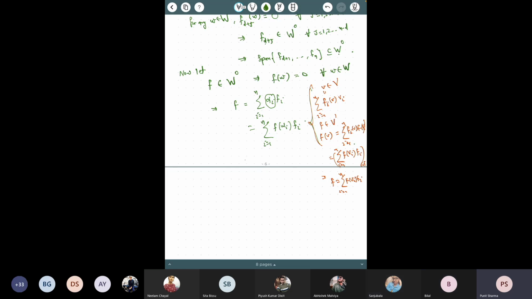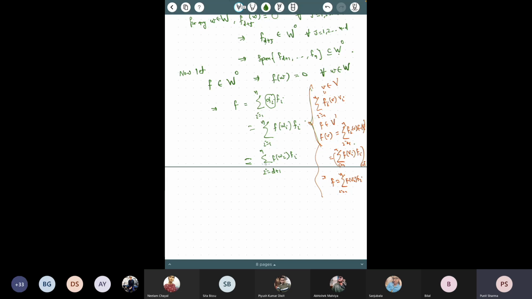Now from here, what can you say? From this step, f belongs to the span of f_{d+1} to f_n. Why? Because f belongs to the annihilator, so the value of f is 0 at w_1 to w_d.